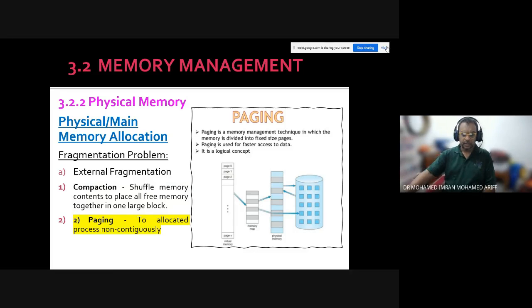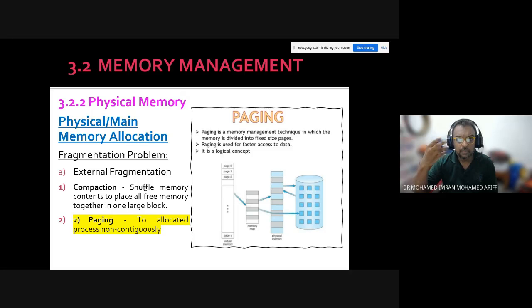This is a bit tricky here. Paging is a memory management technique in which the memory is divided into fixed size. Memory here is the physical memory. What is physical memory? Physical memory is your RAM. Paging is used for faster access to data. It is a logical concept. In compaction, we reshuffle the location, which is pretty simple.